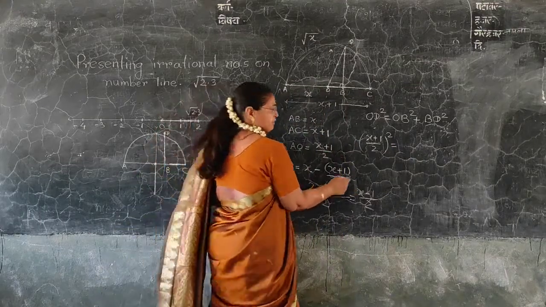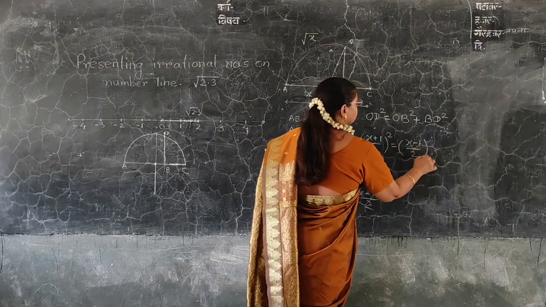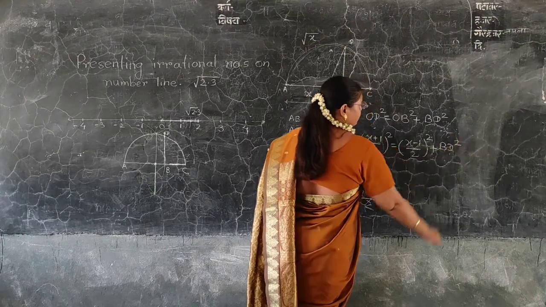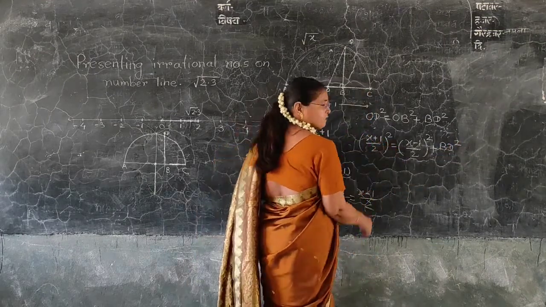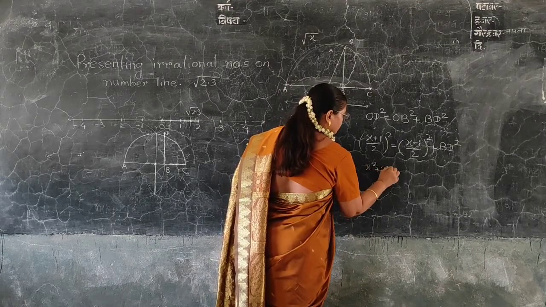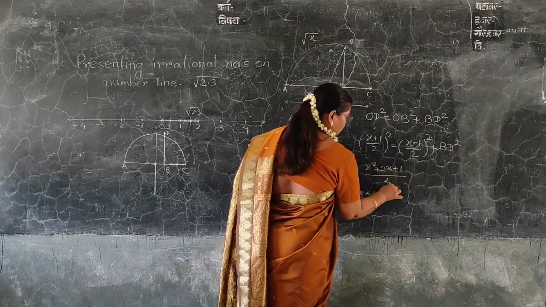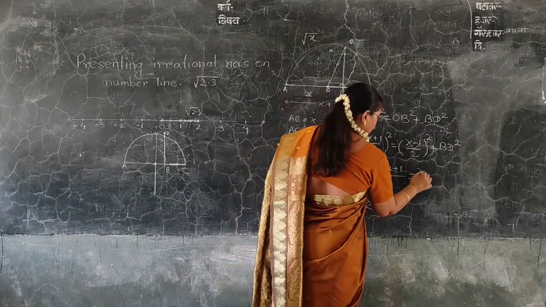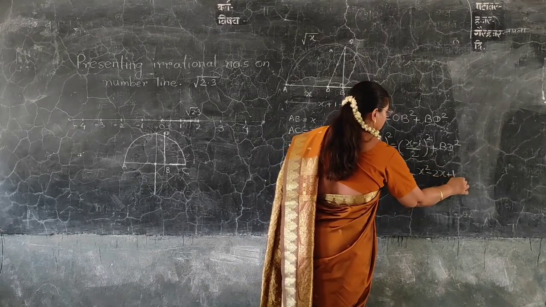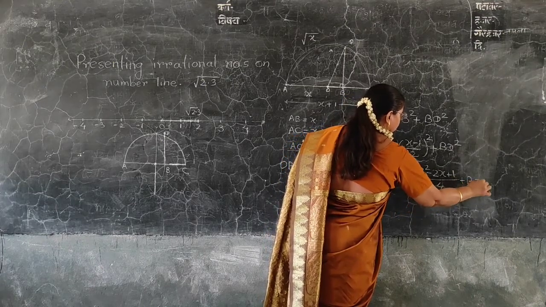Just now we have found ((x minus 1) upon 2) square plus the distance BD square, which we don't know. Now taking square of this, it will be (x square plus twice x plus 1) upon 4. Taking square of this, (x square minus twice x plus 1) upon 4 plus BD square.